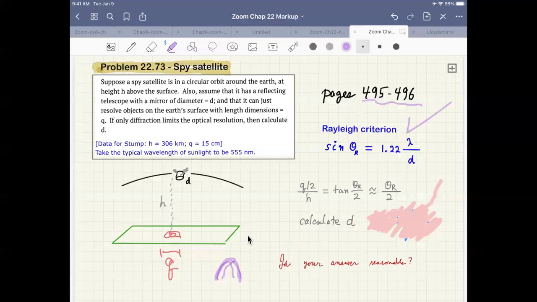The Rayleigh criterion. It says the sine of the angular resolution is a certain number, 1.22, and then the ratio lambda over d. Lambda is the wavelength, d is the diameter. So this is wavelength divided by diameter. And this applies to all kinds of optical instruments.